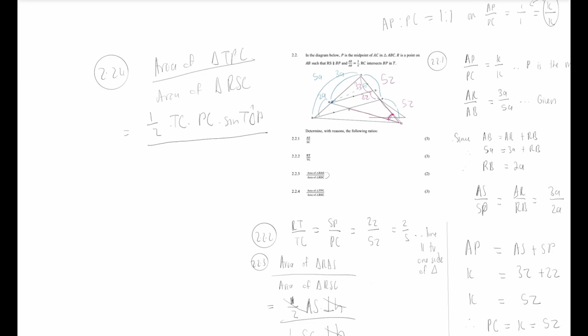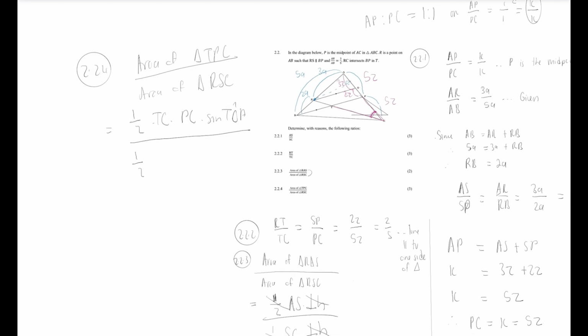And then over half times RC times SC times the sine of TCP.